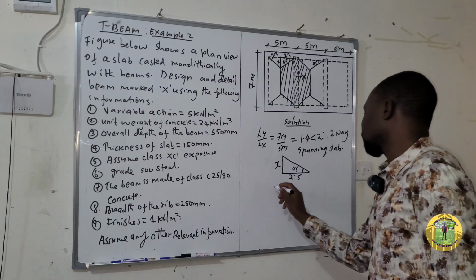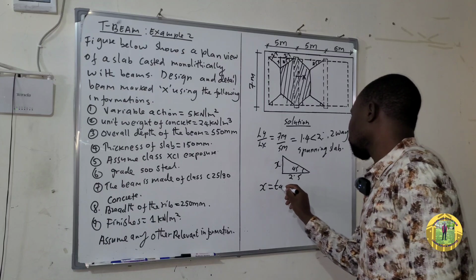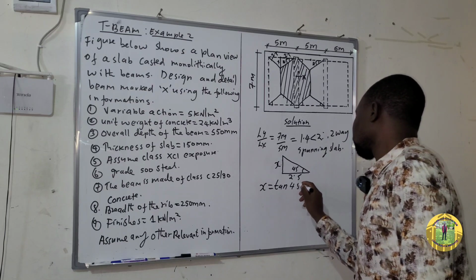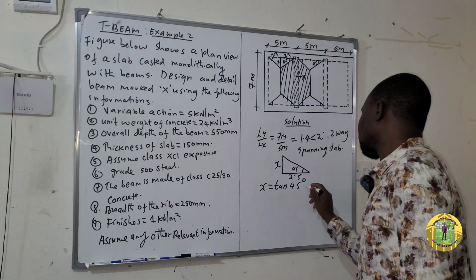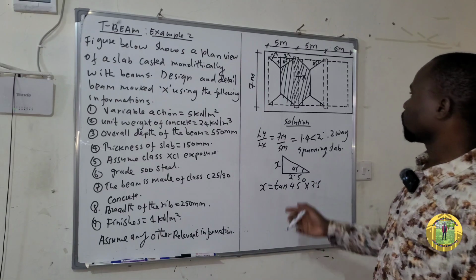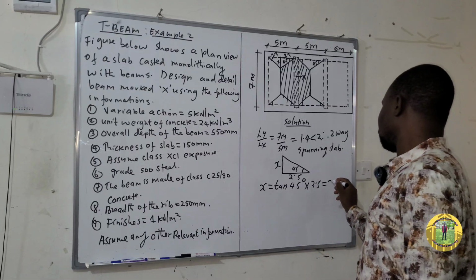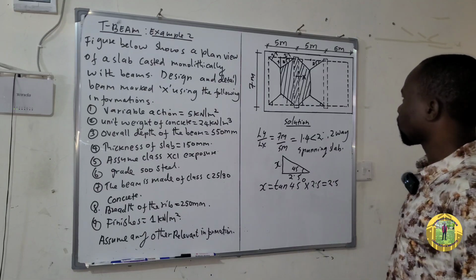Therefore x is equal to tan 45 degree times 2.5. So tan 45 is 1 times 2.5 is equal to 2.5.